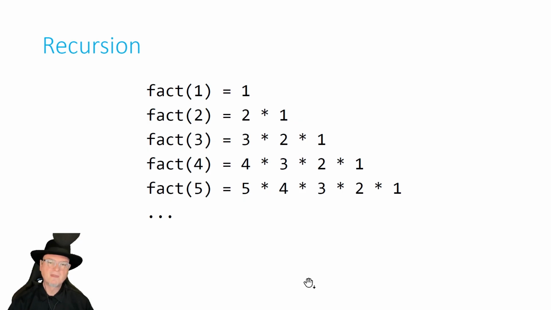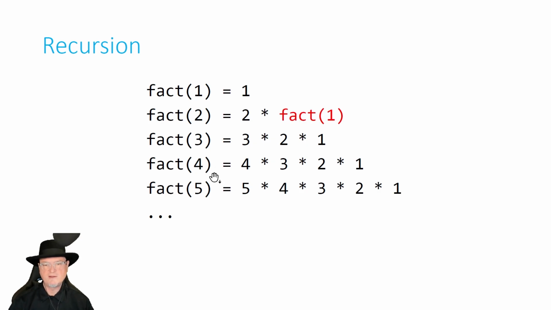We need a program that performs a calculation like this. If we're going to calculate the factorial of 5, we need factorial of 1, factorial of 2, 2 times 1, factorial of 3, 3 times 2 times 1, and so forth to get to factorial 5.